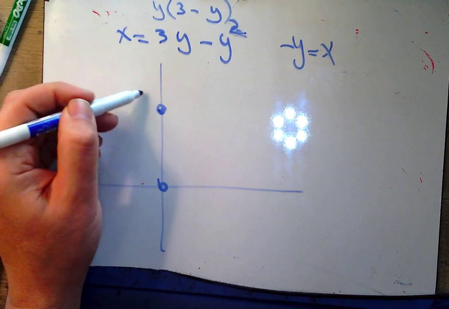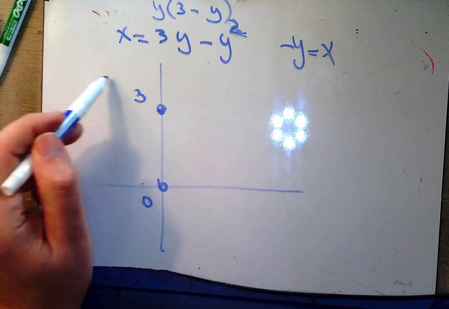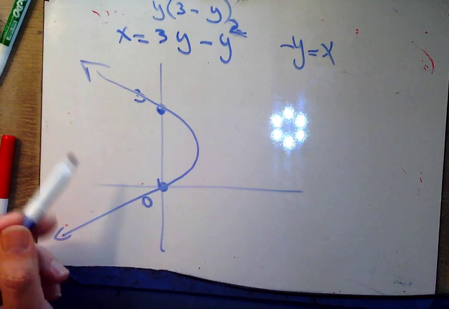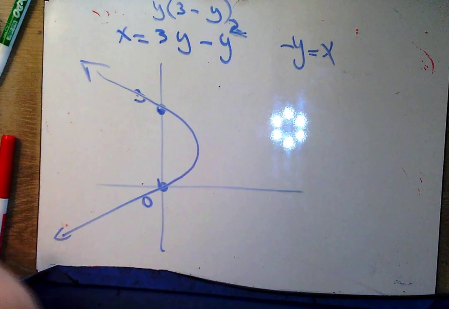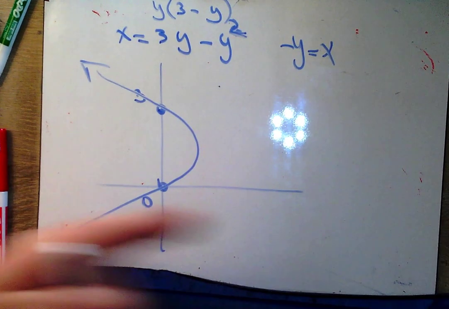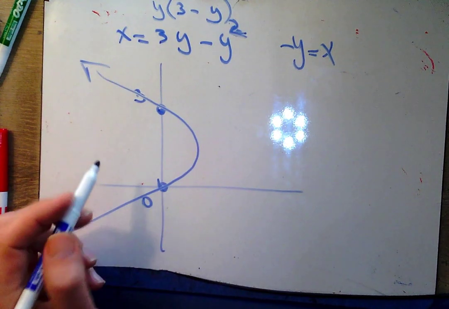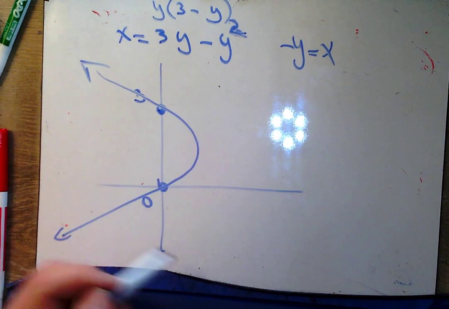So we've got 3, 0, and the parabola has a negative leading coefficient, and so there's the graph of this. See the negative y squared? That's where y squared goes. This would be up if I look sideways. This is down if I look sideways. So my negative y squared looks like that.